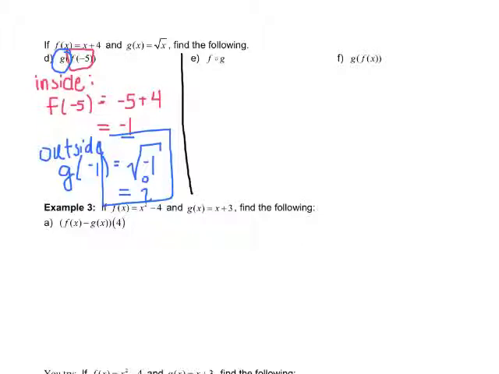Example E and F, these are our general composition functions. The reason why I'm calling them the general composition function is because if you notice, it's not asking you to evaluate at a certain number. It's just f and then open circle g.